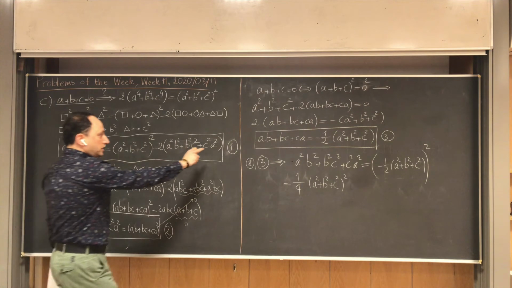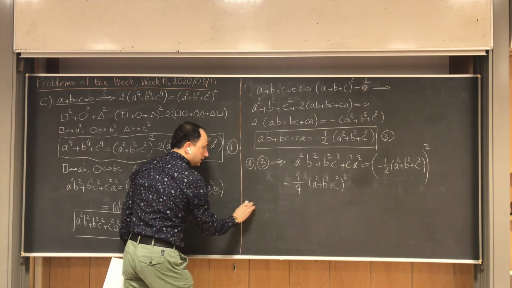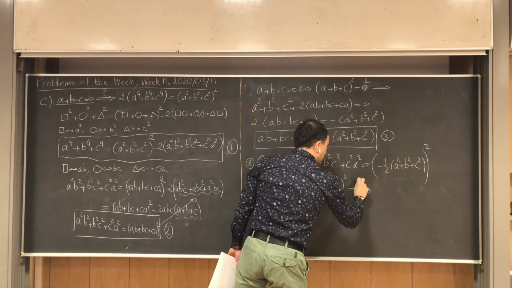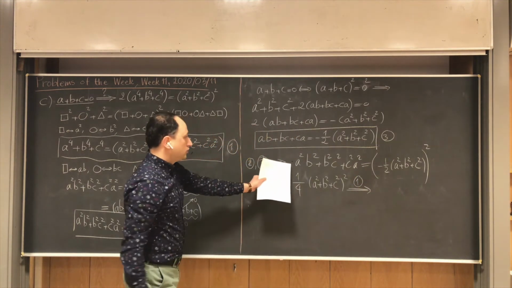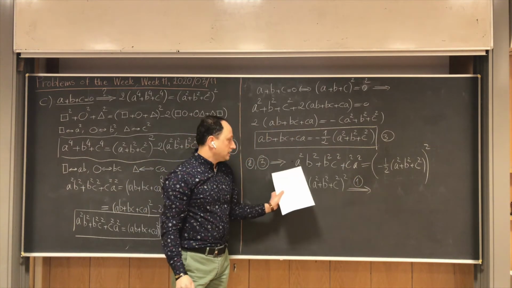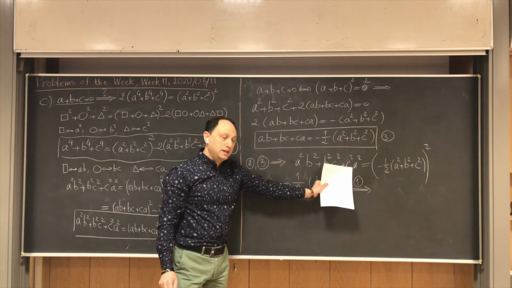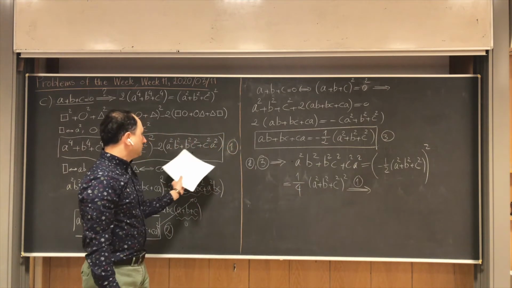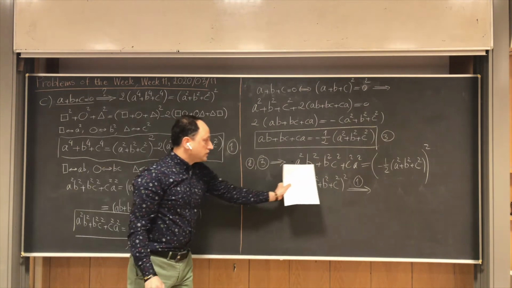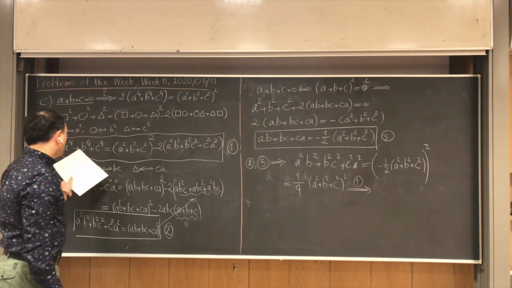Now let us go to number 1. From number 1, this implies that instead of this expression, A squared B squared plus B squared C squared plus C squared A squared, in this relation I can substitute this expression. Yes, so what happens?